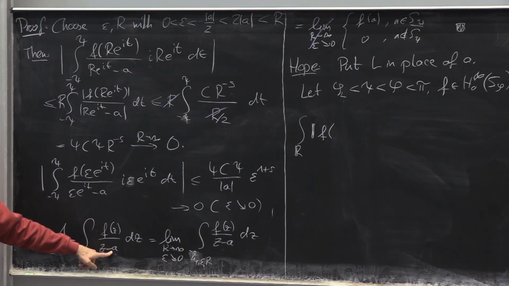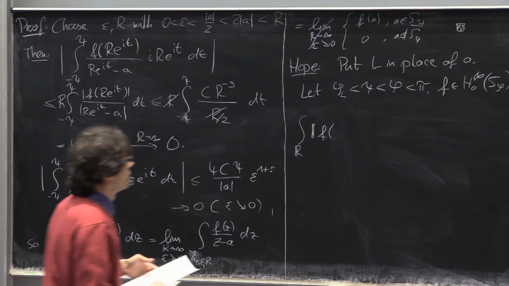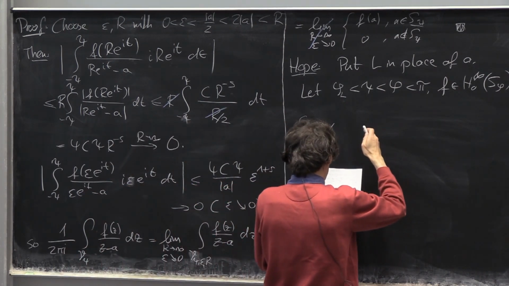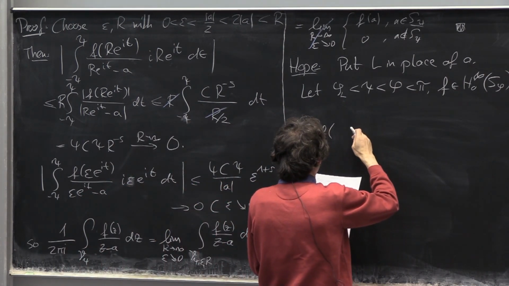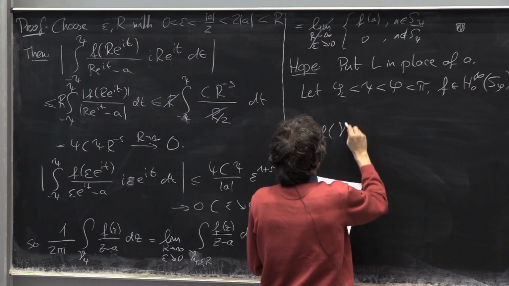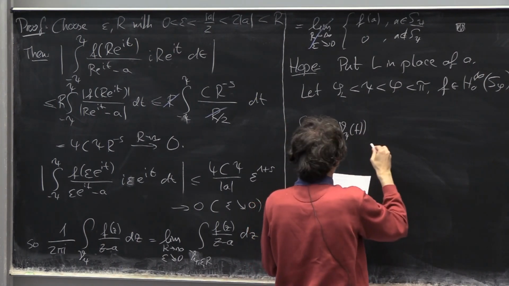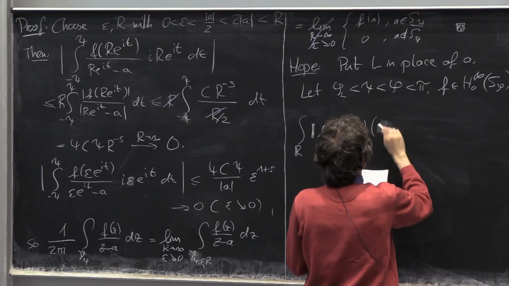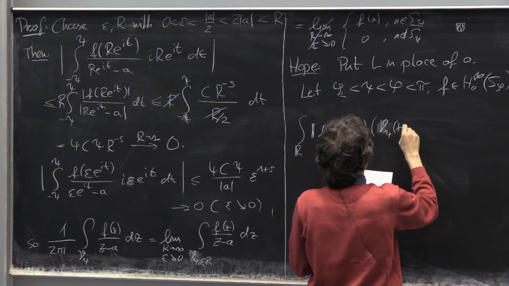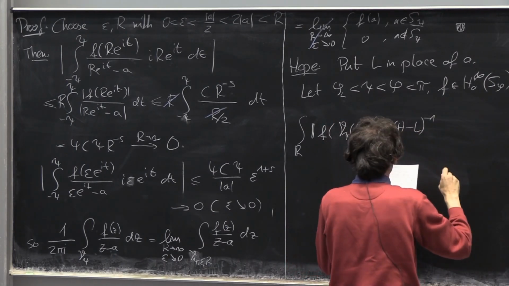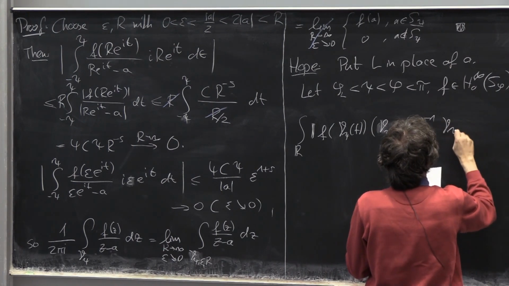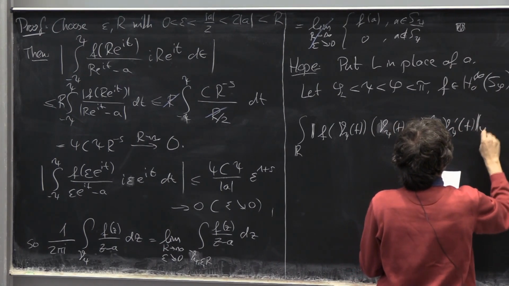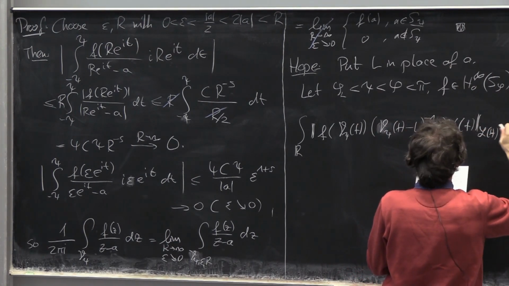I want to show that this Bochner integral is absolutely convergent, so I put in the norm and I get the integral over R of the norm of f of the path gamma psi of t, times the resolvent (gamma psi of t minus L) to the minus 1, times the derivative of the path, in L of H dt.